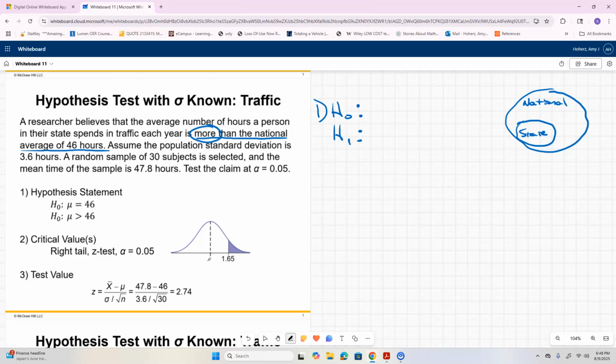The national average is 46 hours. So the status quo is the national average that's been studied in the past, and it's 46. And then he thinks that his state might be more. So he's going to run a hypothesis test on that claim. I'm not going to write this every time, but remember, we're always going to have the first one as not the claim, and this is the claim.